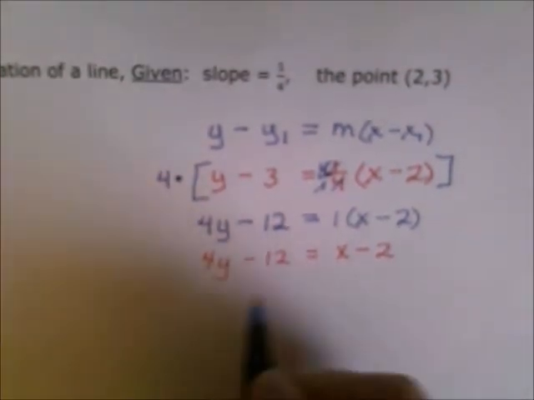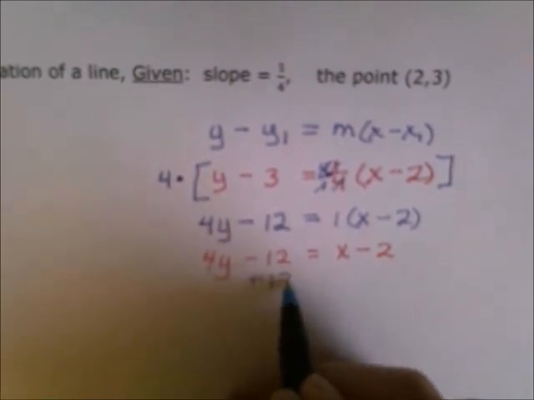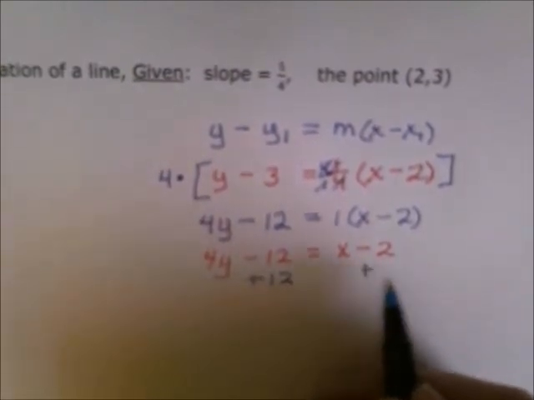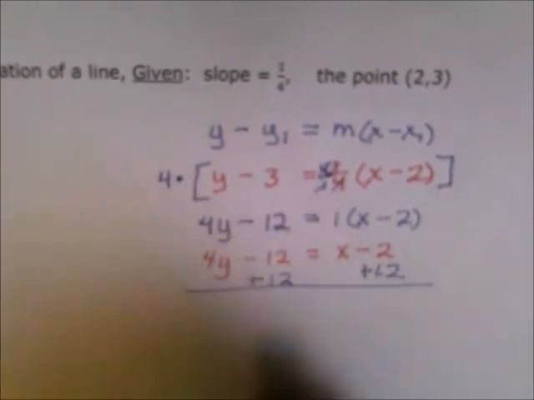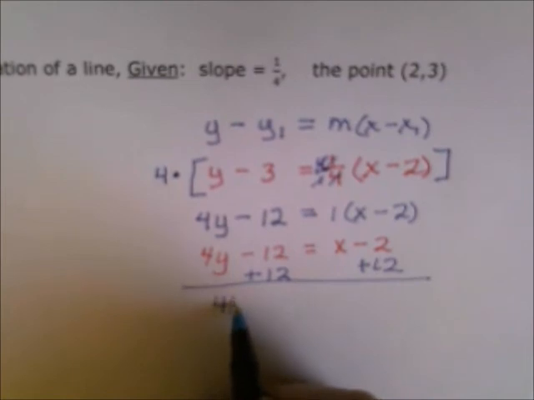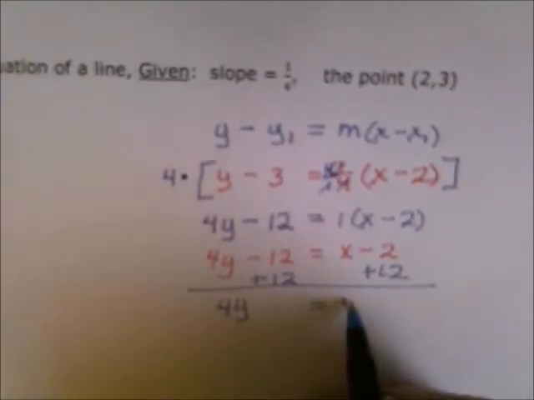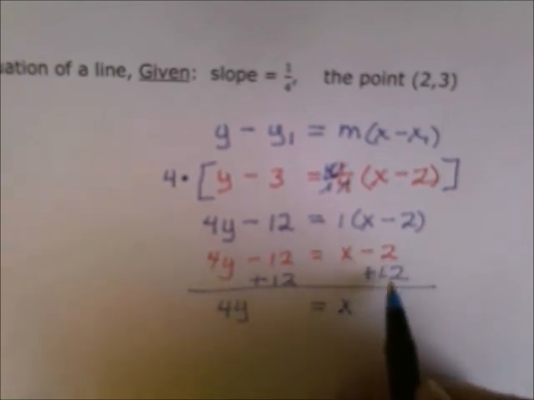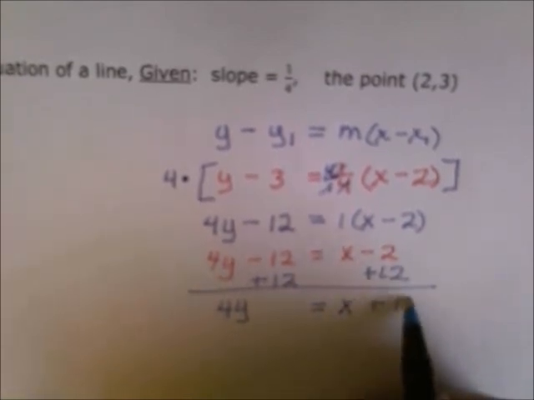Well, one thing we see is we want to get those constants together. So if we add the 12 to both sides, we're going to have 4y is equal to x minus 2 plus 12 is going to give us a plus 10.